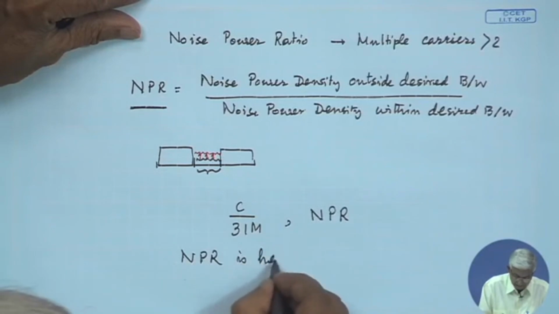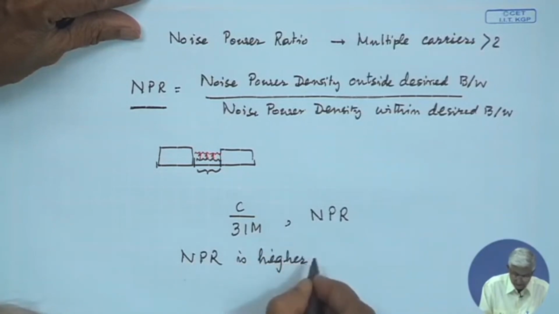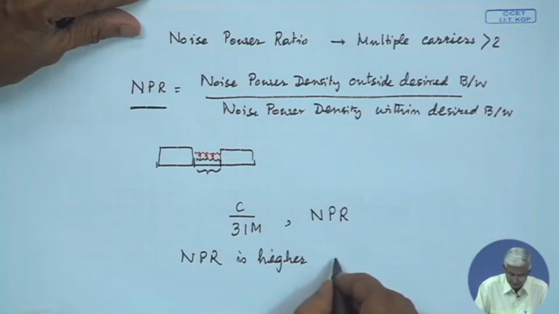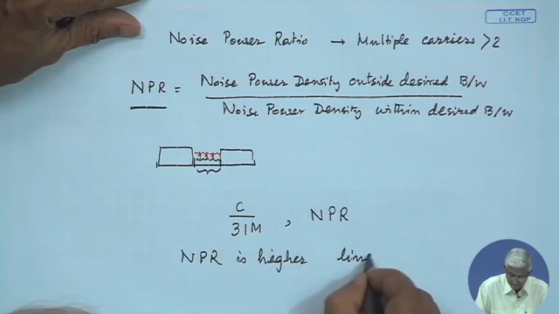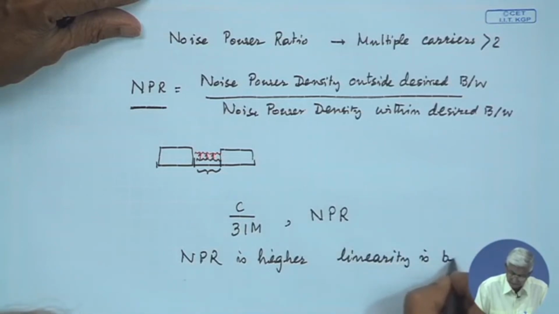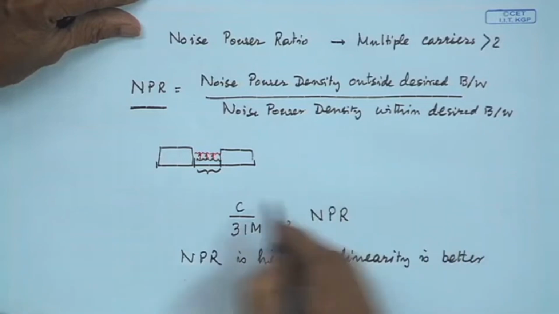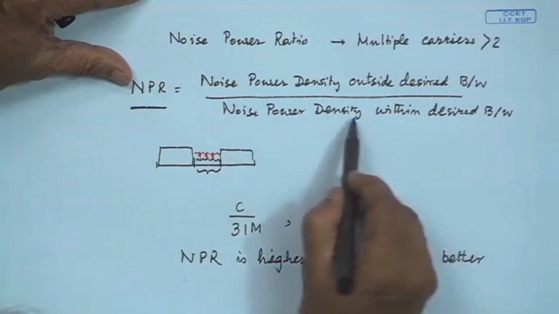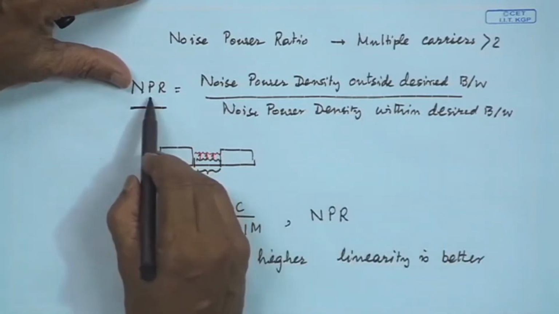higher, then linearity is better or linearity is poor. It is linearity is better, because when this is higher, this noise power density within the desired band is low, then only this becomes higher.